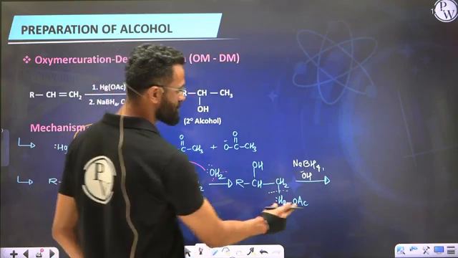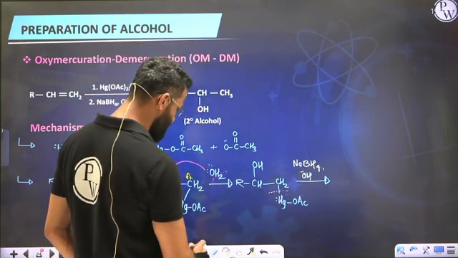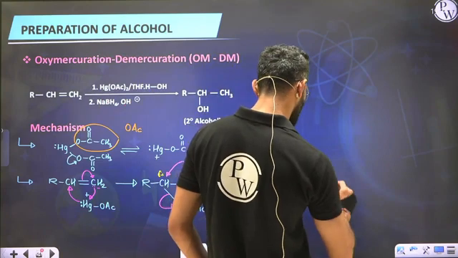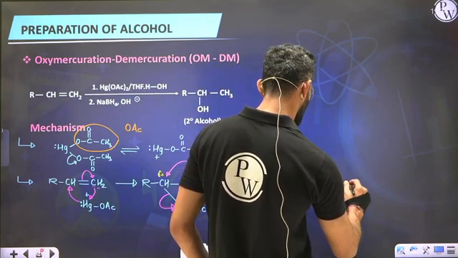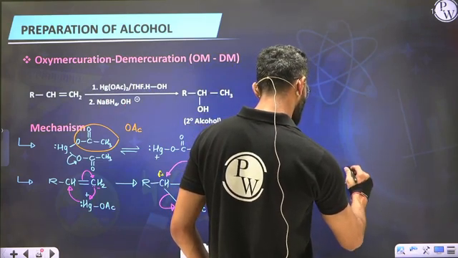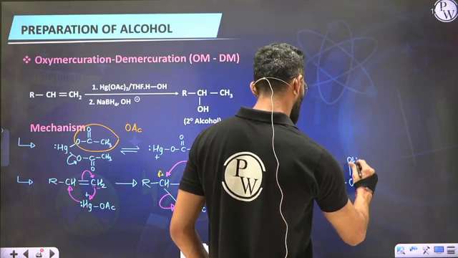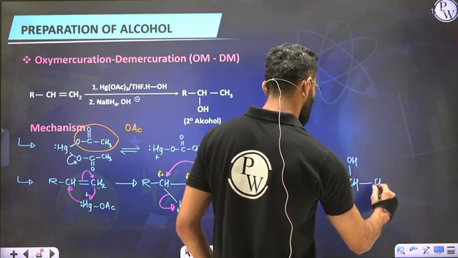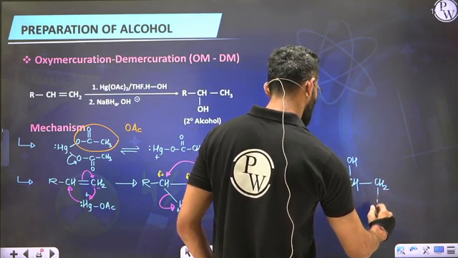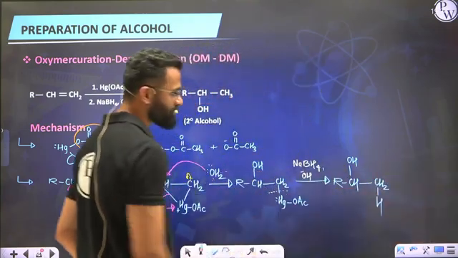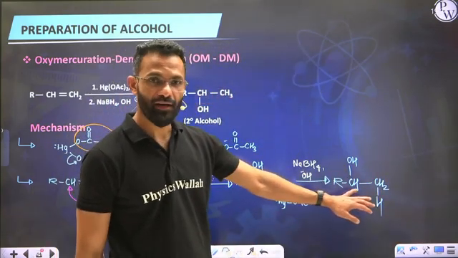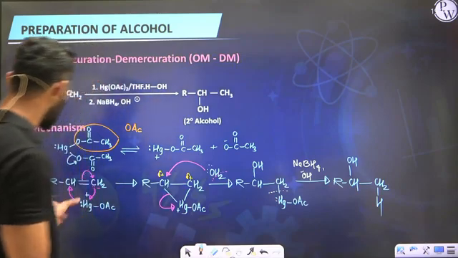So if I replace this HgOAc by H, the desired product is R CH, up here OH, and here CH2 and H. Once again we got formation of our desired product, alcohol, from a starting compound alkene.